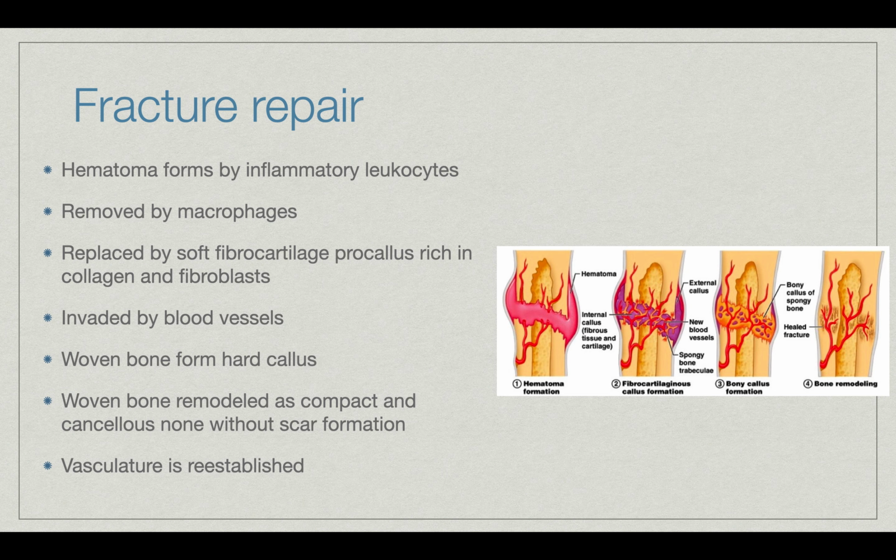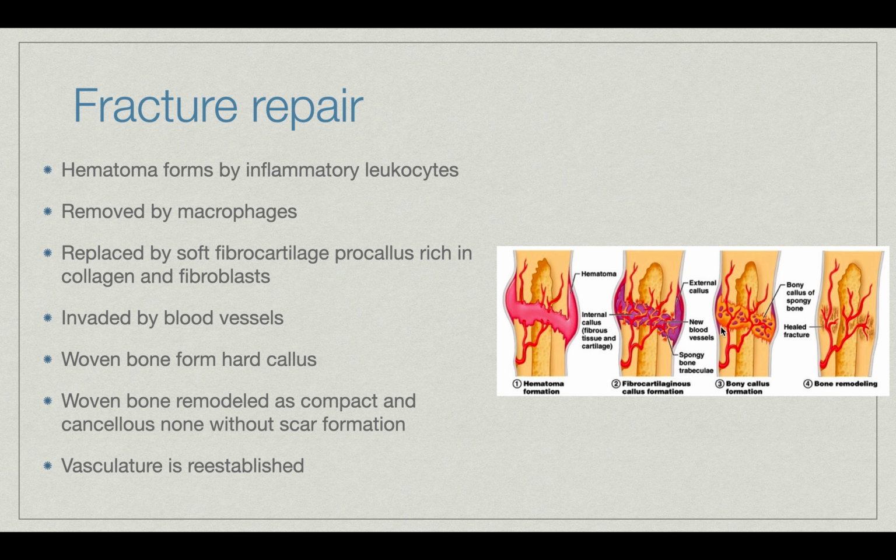Okay, so during a fracture, first the hematoma will form, and then it will be removed by macrophages, and then a soft fibrocartilage procallus is going to form, and it's rich in collagen and fibroblasts, and it's invaded by blood vessels. Actually, during this phase, this is when your bones start to itch. You can literally feel the invasion of the new vessels.